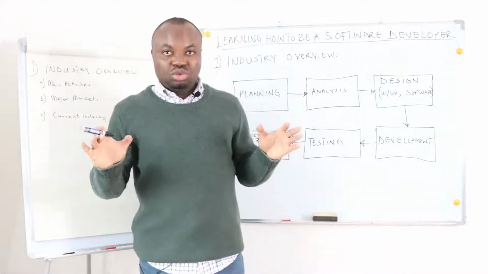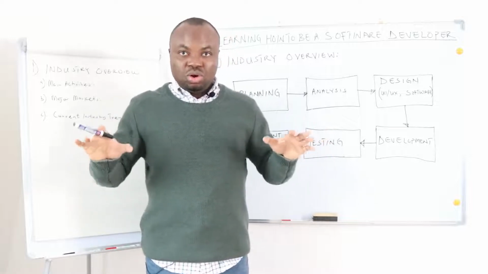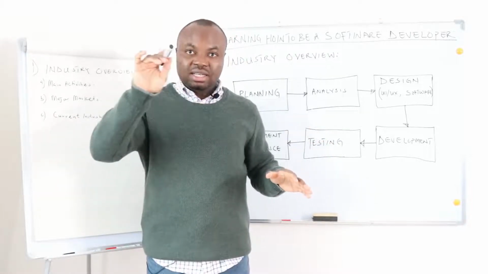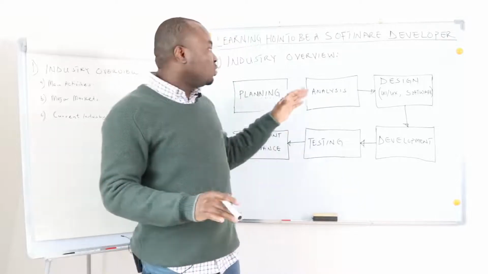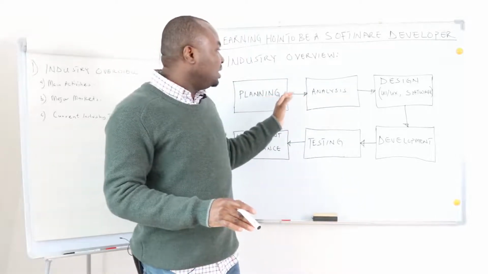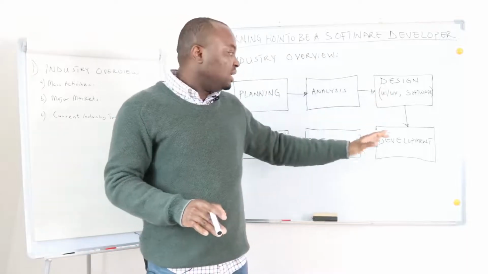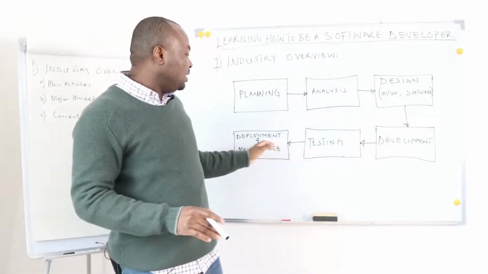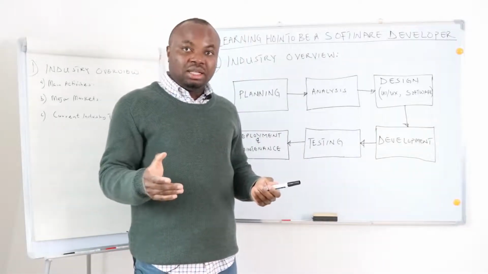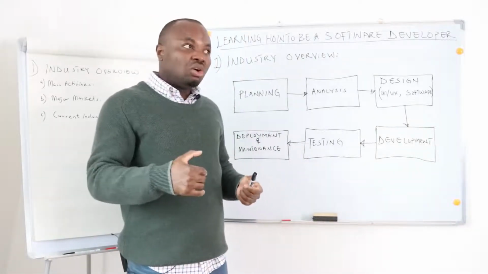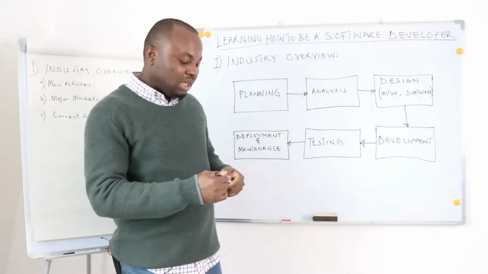So to summarize, when you come to work within the software industry, there are several activities that happen within a project, and that is what I've listed here. The planning, the analysis, the design, the development, the testing, and the deployment. Then, depending on the company, there is also the concept of project management.